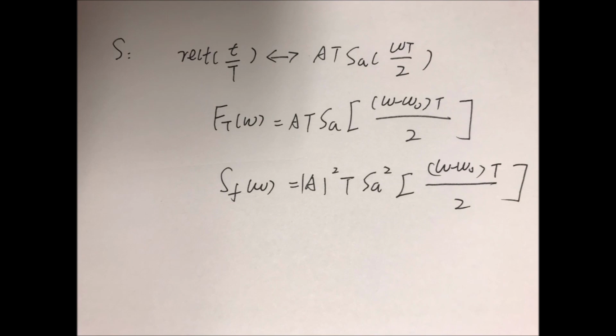This is my S_f(omega). The power spectral density is the sinc function squared. This is an example using 4.17. Any problem? Questions? How can I get this?